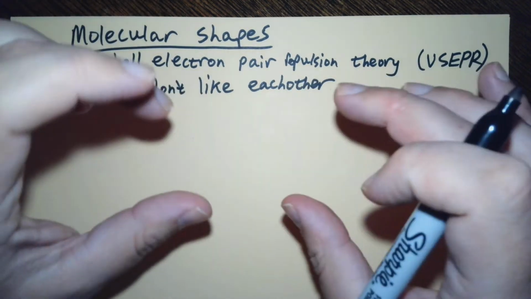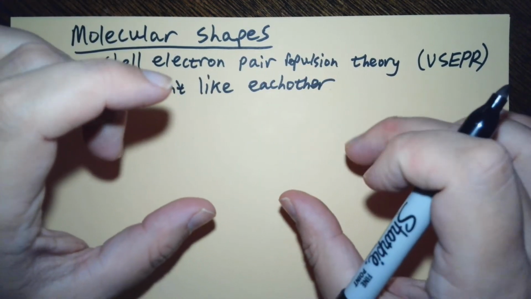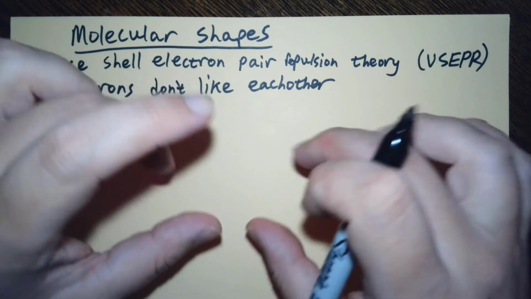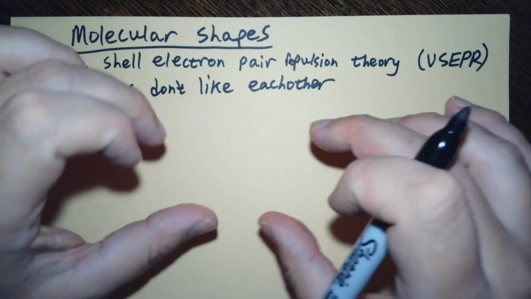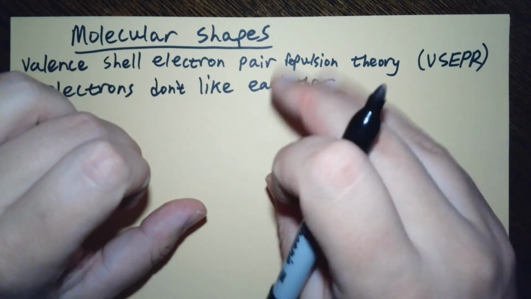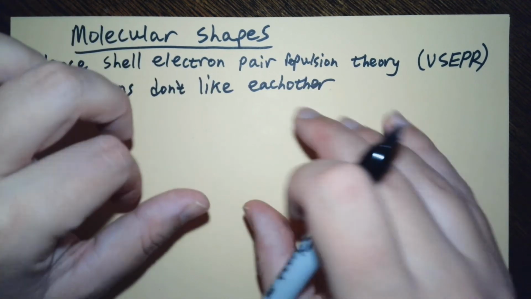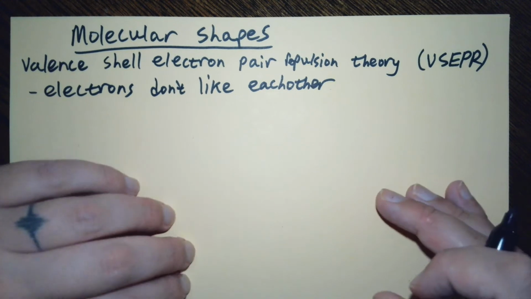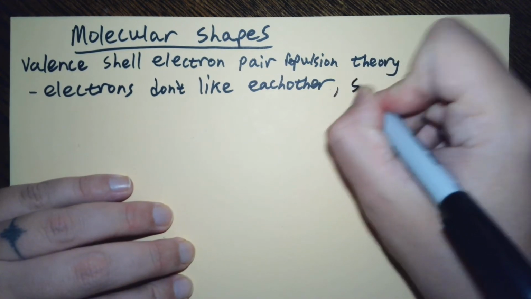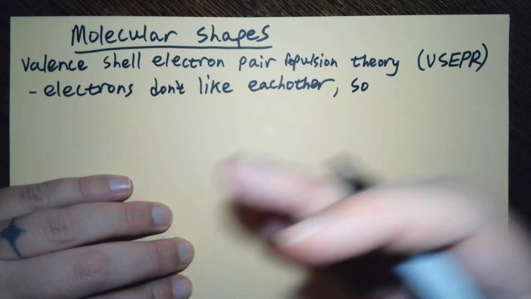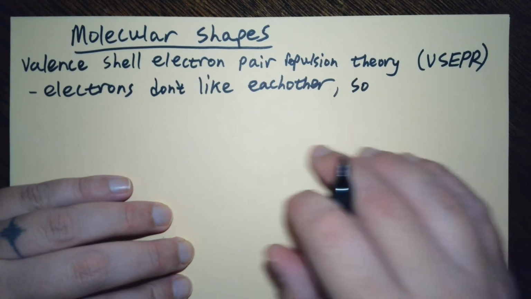But if you have two areas with electrons, they're going to try to get away from each other. They're going to repel each other. So if you have two areas with bonds, they're going to repel each other. If you have an area with a lone pair and a bond, they're not going to want to be right next to each other. They're going to try to get as far away as possible. And so I'm going to call them areas of electron density, but that just means a bond or a lone pair.